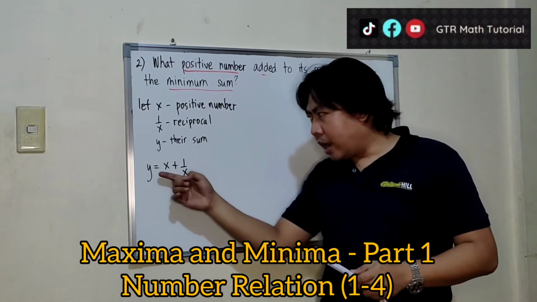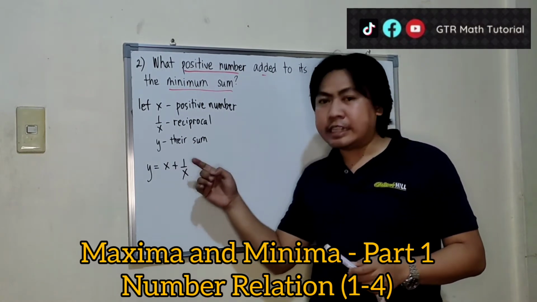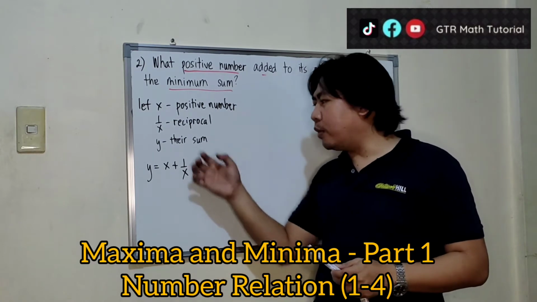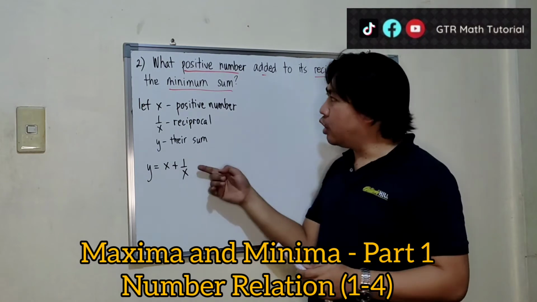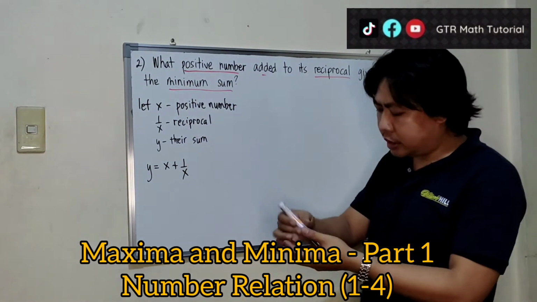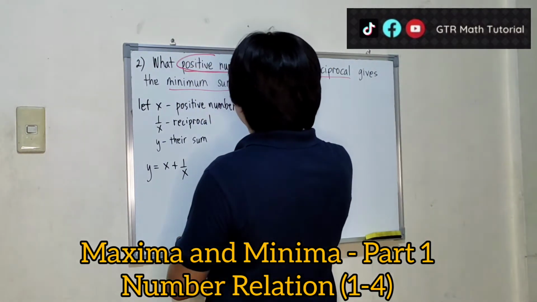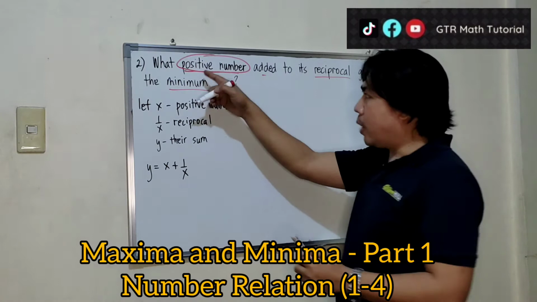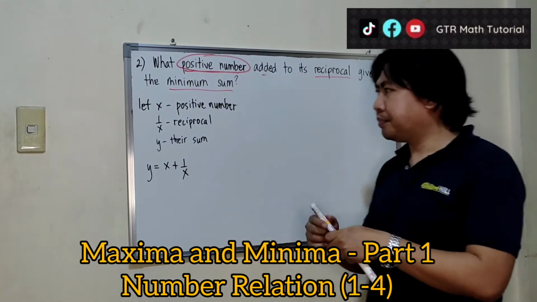The sum is already expressed in terms of x only, so all we have to do now is get the derivative, equate to 0, and solve for x. We're just looking for the positive number, not the minimum sum, so just solve for x after getting the derivative.